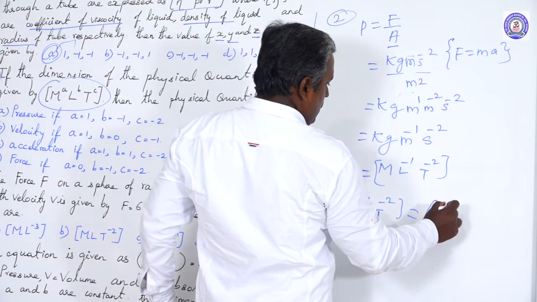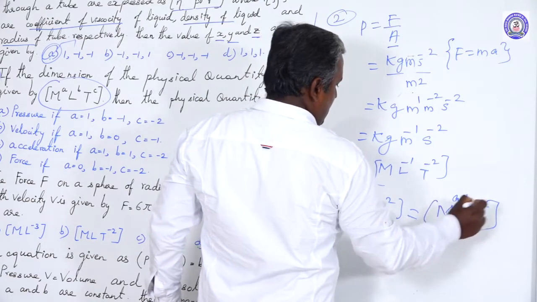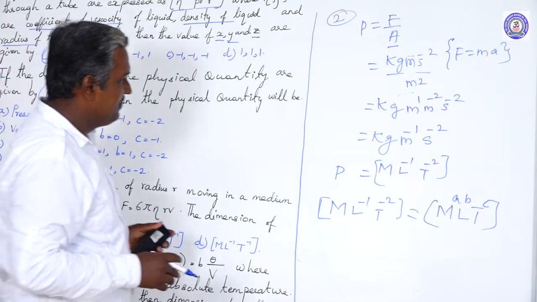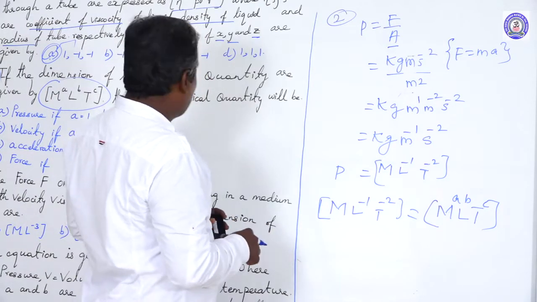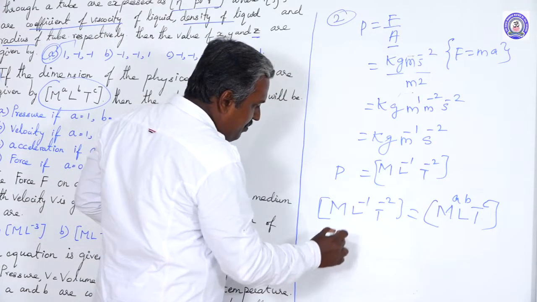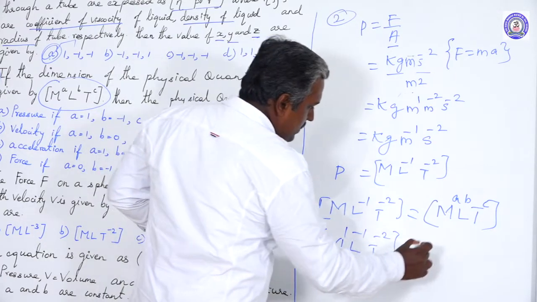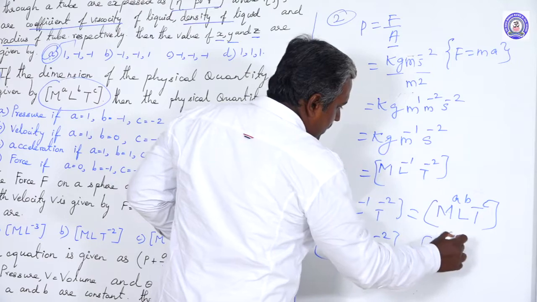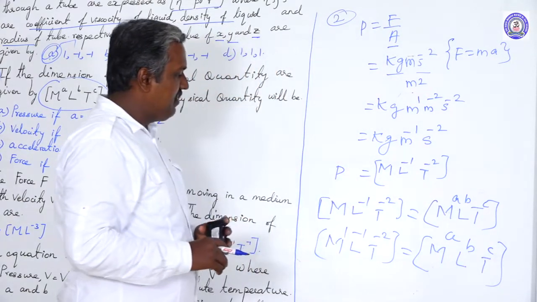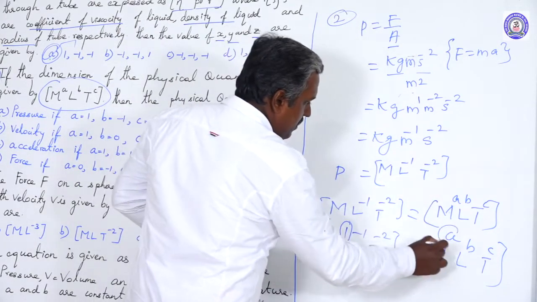So M power 1, L power minus 1, T power minus 2 is equal to M power A, L power B, T power C. Comparing the powers of MLT on both sides, clear?